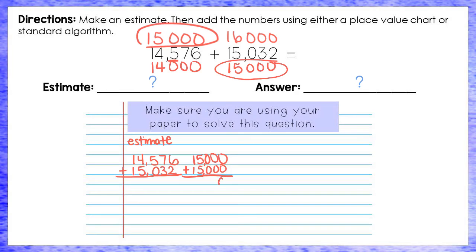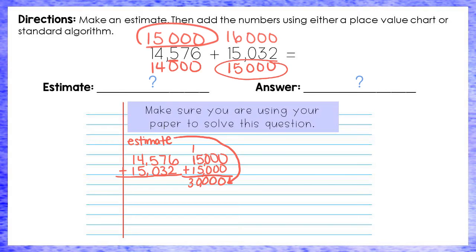We start in the ones place. 0 plus 0 is 0. 0 plus 0 tens is 0. Then in the hundreds, 0 plus 0 is 0. 5 plus 5, 10. And 1 plus 1 plus 1 is 3. We should be about at 30,000. Our estimate is 30,000.